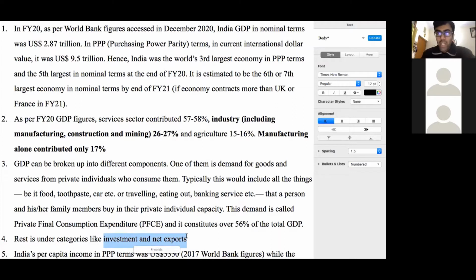All of you who have studied accounts and finance would know what an assets and liabilities statement, a profit and loss statement, and a cash flow statement are. I'm not going to go into these details. But basically, in very simple terms, investment simply means any money that is put into creating new assets which then generate further GDP value.